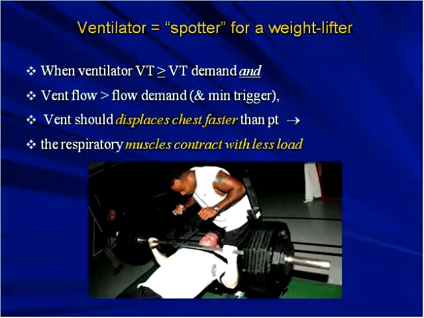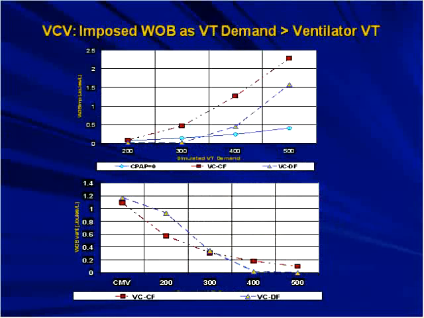And any of you who are gym rats out there and like to do bench pressing, you will automatically relate to that. But that's basically it: the ventilator is a spotter for the patient.